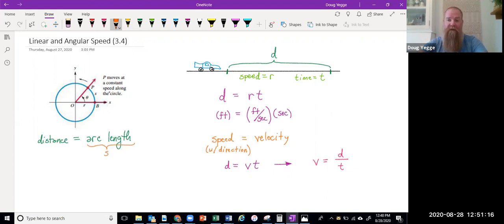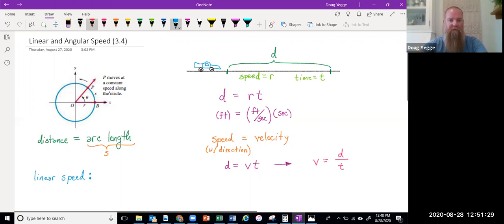So it should make sense then that the linear speed, which we will call v, is simply equal to the distance traveled over time, but the distance traveled now is s. So that means that the velocity is equal to s over t, and this is the formula we'll use for linear speed.